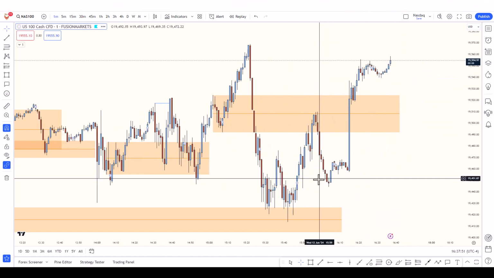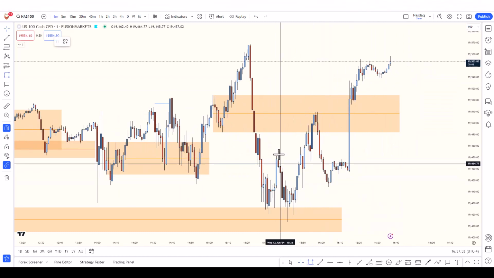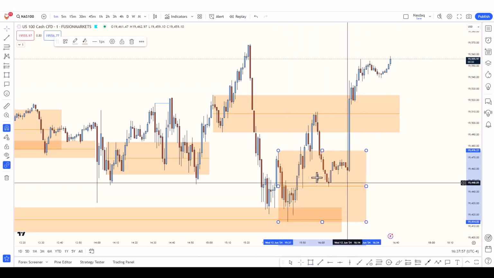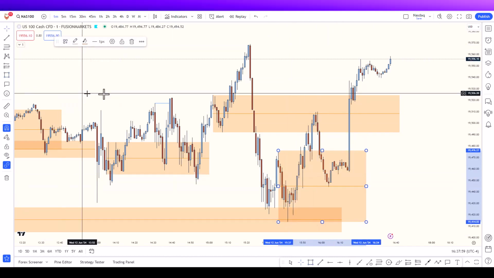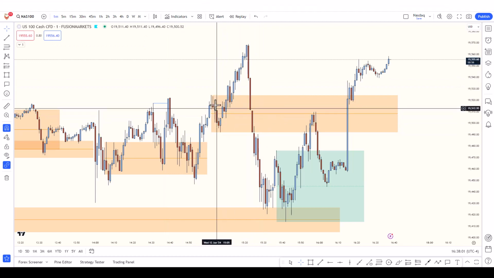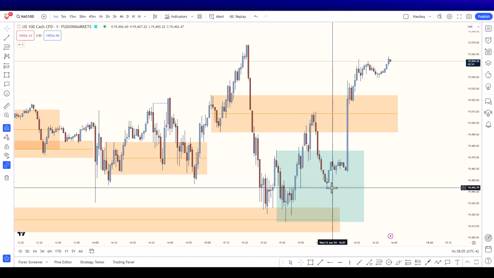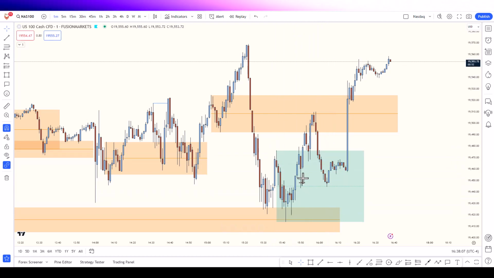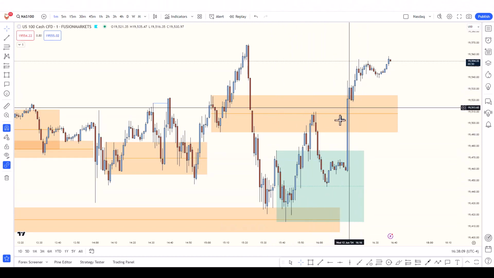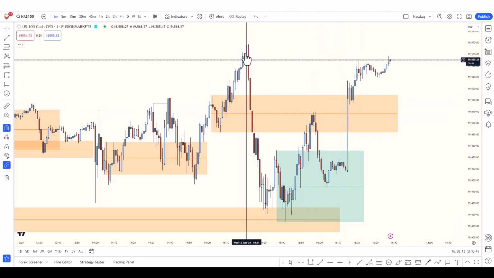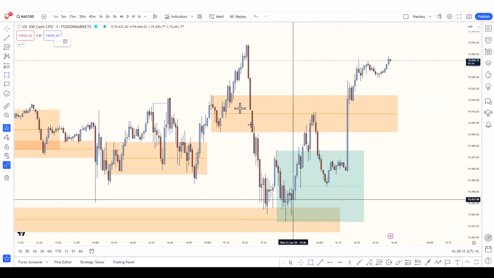So what happened here is that by tapping into the flip here at the 50%, we came back to mitigate the zone here before making another high and taking this high, coming back to this zone here.